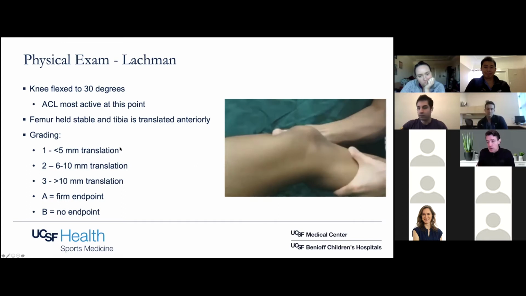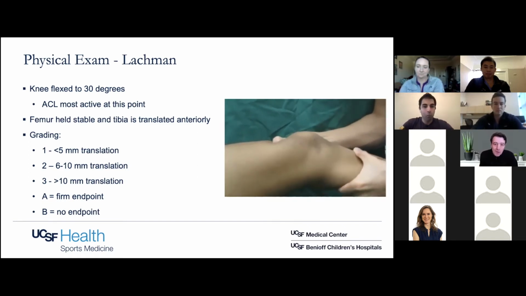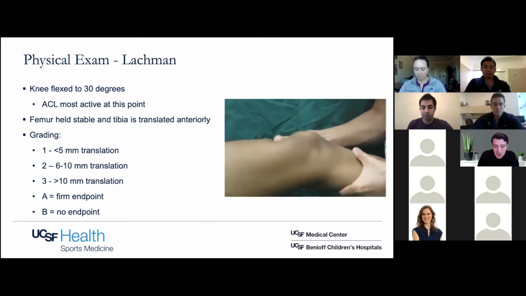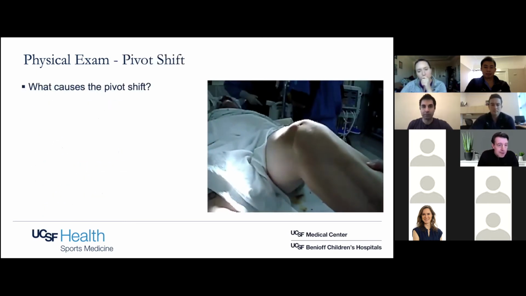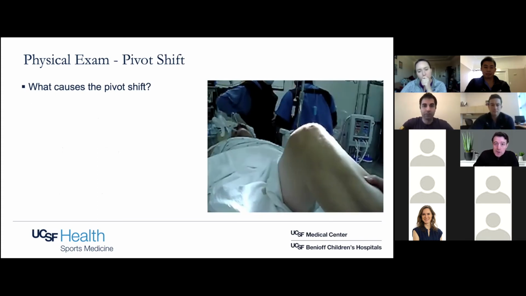After you examine lots and lots of knees, you just get a sort of internal neurological ability to tell how far this thing is going. It's difficult sometimes if the patient's guarding, if they've got a big knee, but it's an important test. And it's that and the pivot shift that are the key ones, right? So what causes the pivot shift? Hoha.